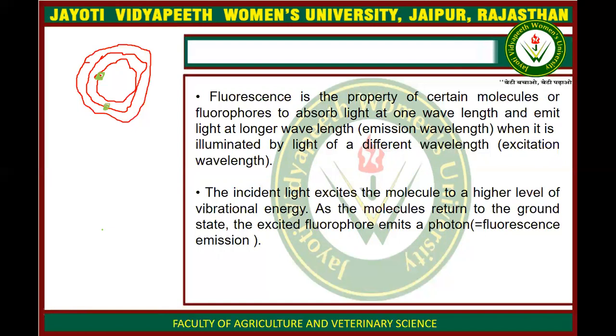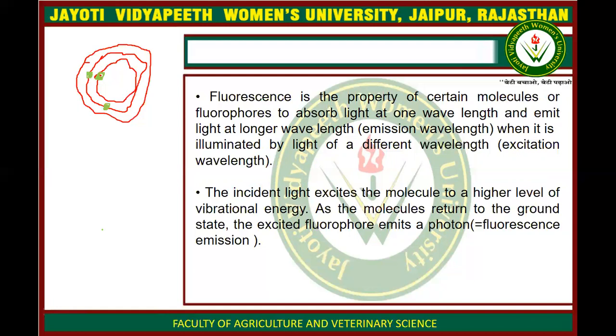When a particular wavelength of light is provided to these electrons, they get excited. When an electron absorbs fluorescent light, it gets excited and moves to a higher orbit, but that is not its original orbit.